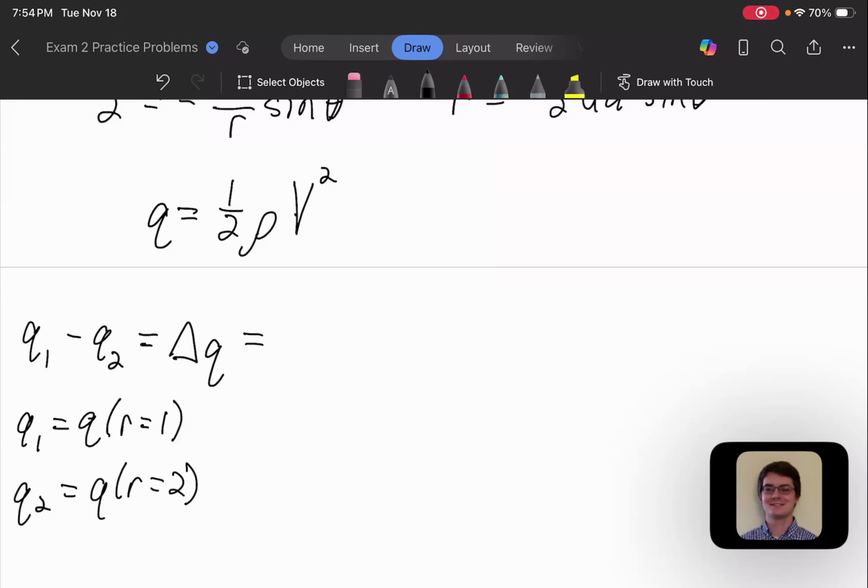So we have the change in the dynamic pressure between these two positions. So we have 1/2 rho V1 squared minus 1/2 rho V2 squared.